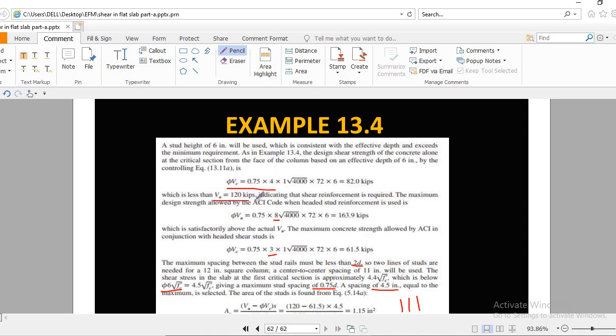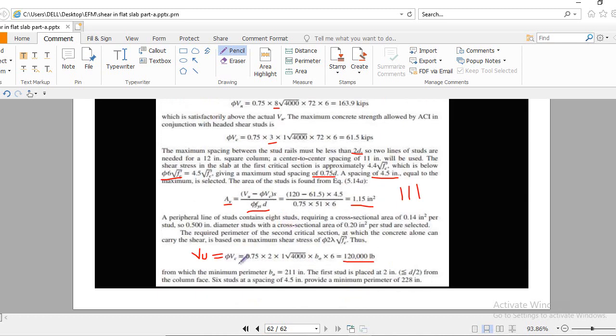So just equating this one, we already know the value 2 lambda root fc prime b naught into d. We already know d, so find out b naught. Once you find your b naught, it is 211 inch.